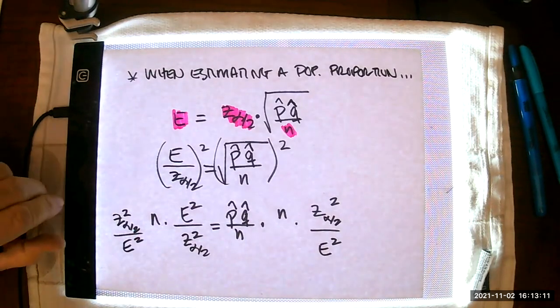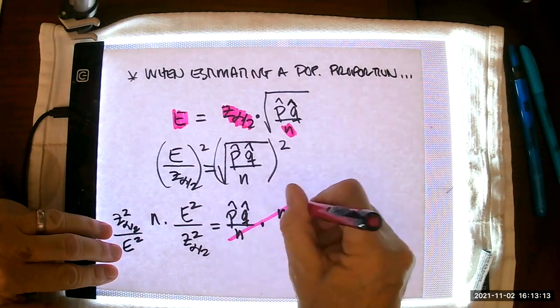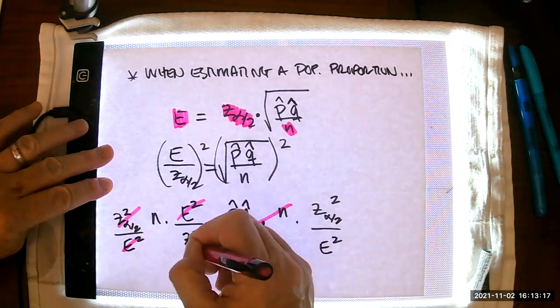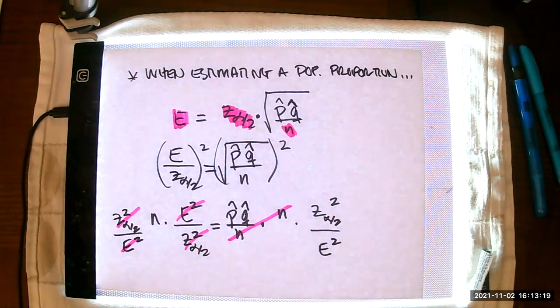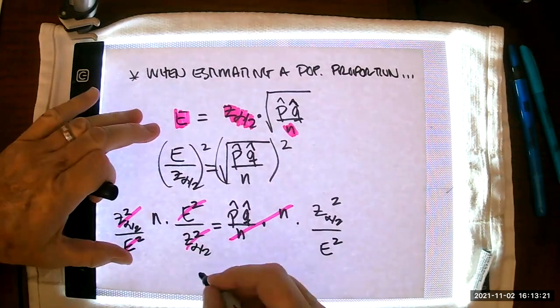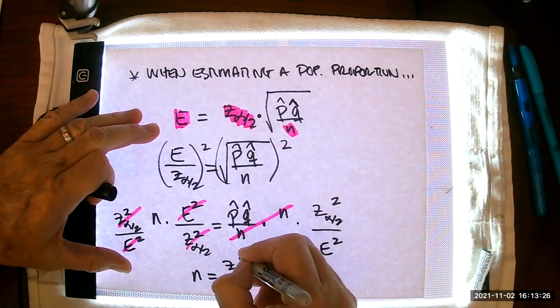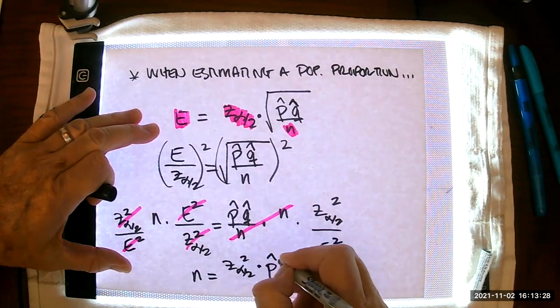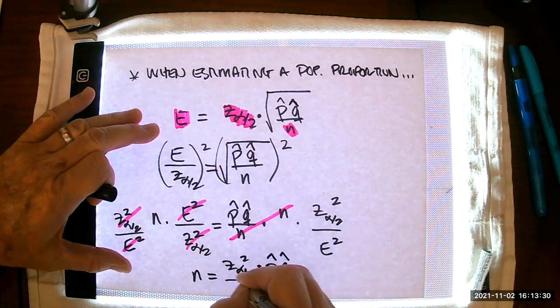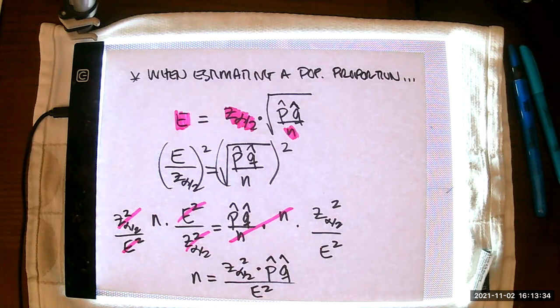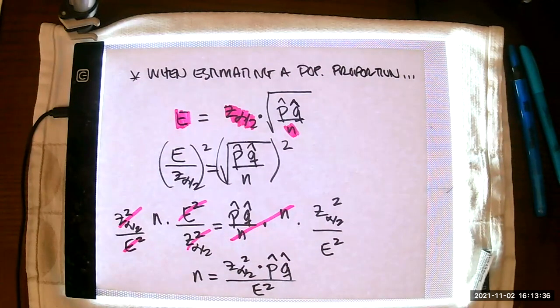Through the wonder of cancellation, the n's cancel there. The E squared's over here, the z alpha over 2 squared's over there, and we have n equals z alpha over 2 squared times p hat times q hat all over E squared. And this is a formula that I can use.